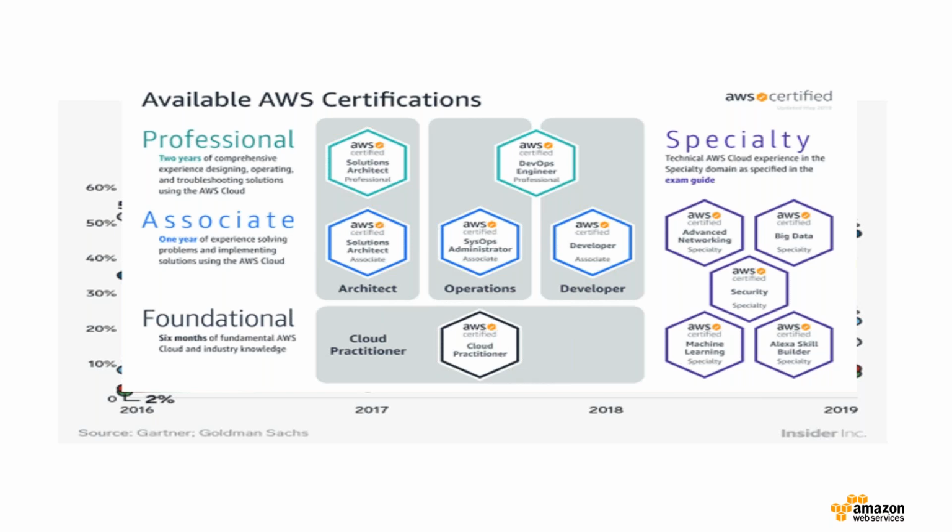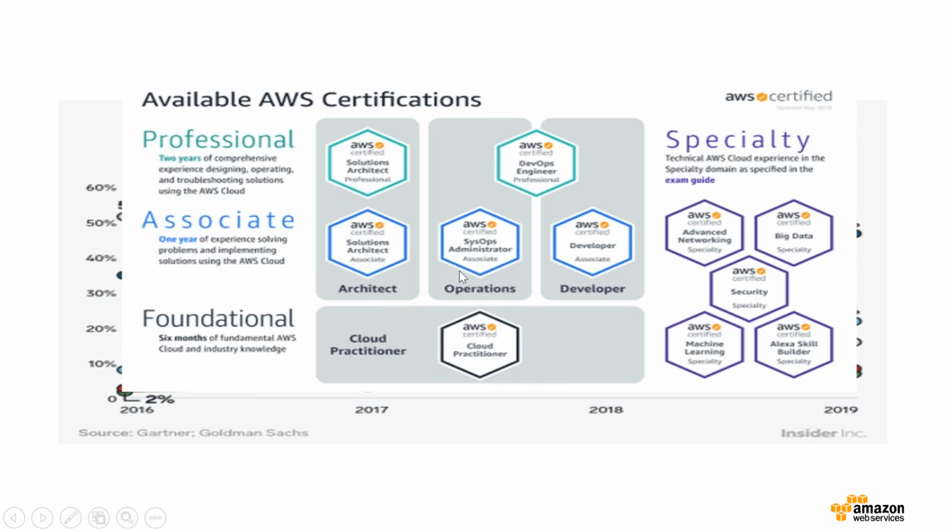Each level has its own certifications: architect, operations and development, and also cloud practitioner and specializations. If you want to take AWS Solutions Architect Associate, that is the one I just mentioned.